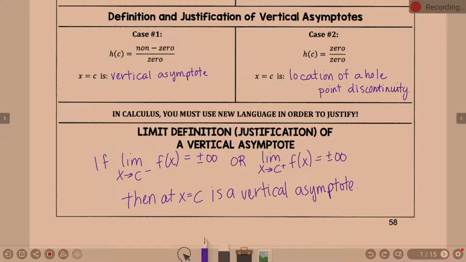So if you're approaching a value and your limit is either positive or negative infinity from one side or the other, we know that point represents a vertical asymptote. Okay?